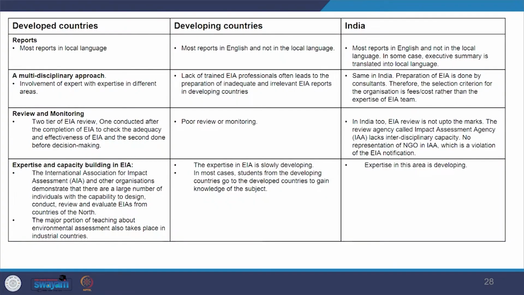And in India, now we have a specific system of how the review has to be done. The review agency, called the Impact Assessment Agency, undertakes this process, and a lot of processes have now been streamlined.